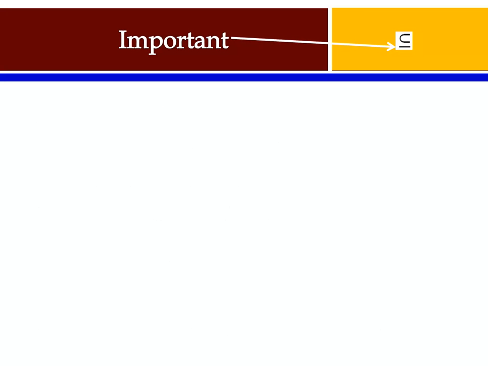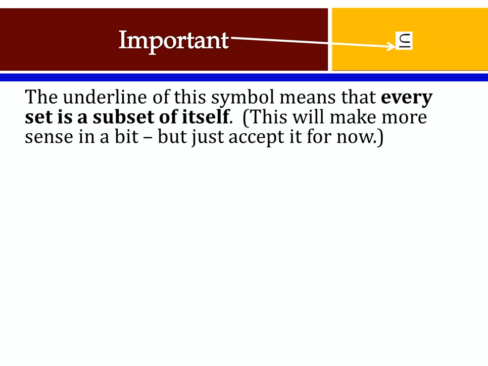So that underline beneath the symbol is important. The underline of the symbol means that every set is a subset of itself. Now, this will make more sense in a bit, but just accept that for now, that every set is a subset of itself.